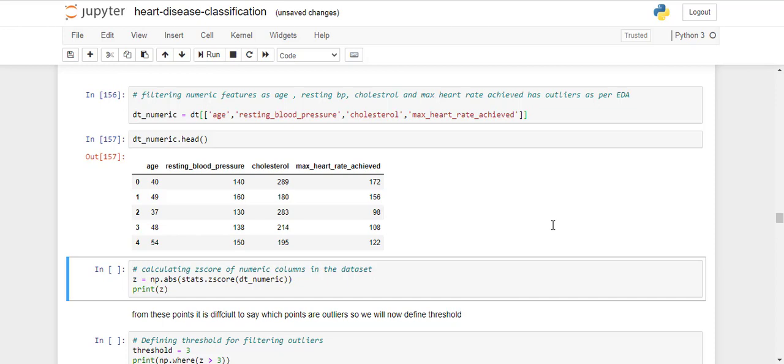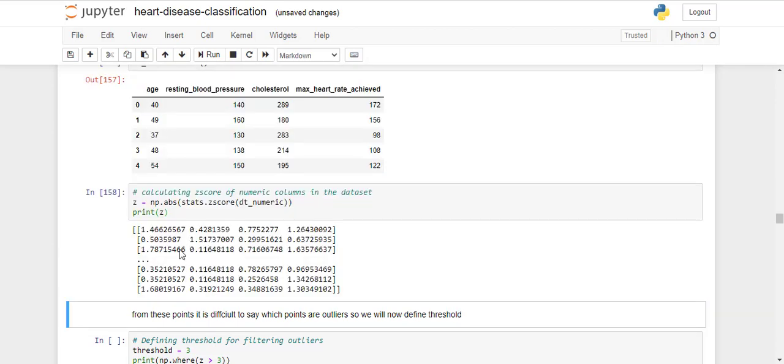So we will calculate the Z score, and this is the method. You have to use numpy dot abs, and below that, in the parameter, you have to pass stats.zscore and the full data frame. So it will print the Z of all the values in terms of an array.